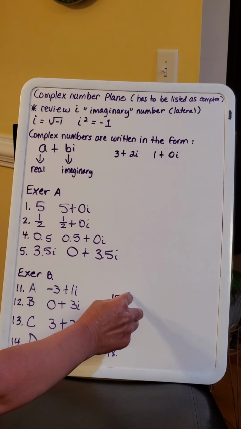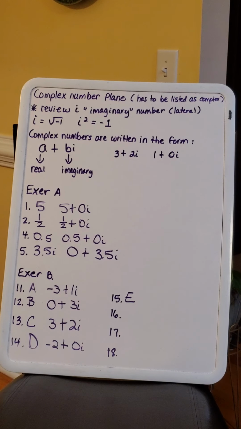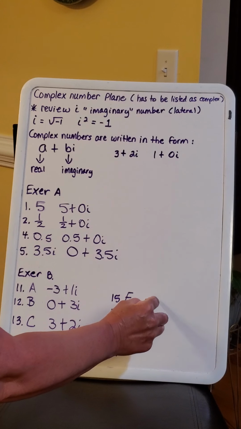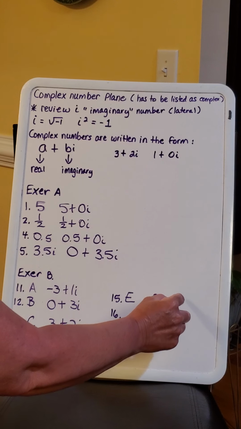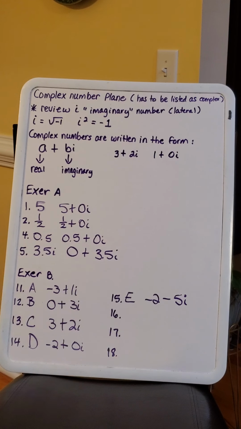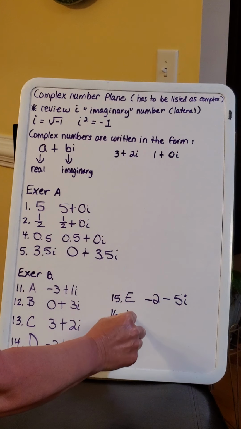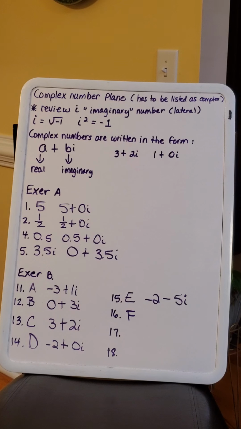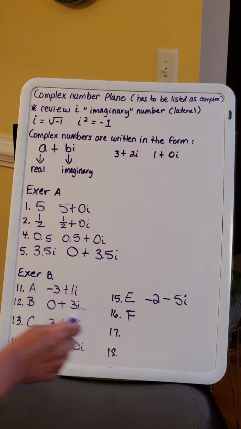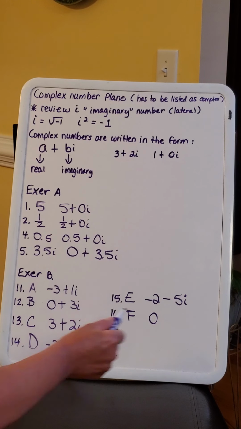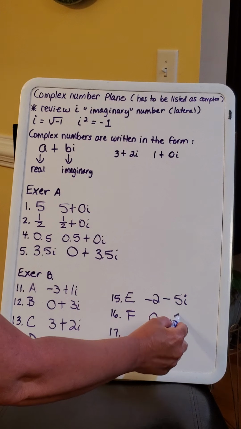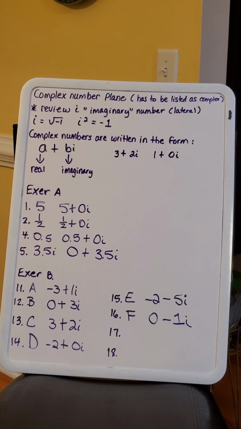Number 15, E. We find E on our chart, and it goes to -2 on the X and -5 on the Y, so -2 minus 5i. Be sure to watch your signs, it will make a difference. F. F does not go left or right on the X, so it's 0, and it goes down to -1, so 0 minus 1i.